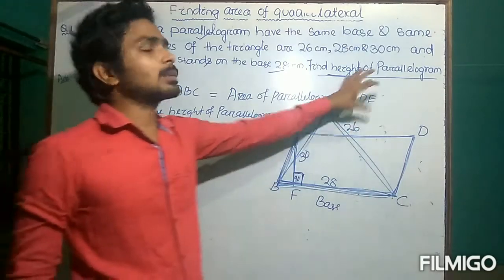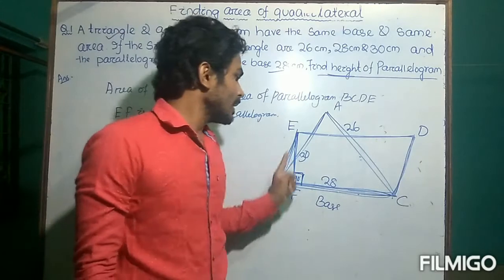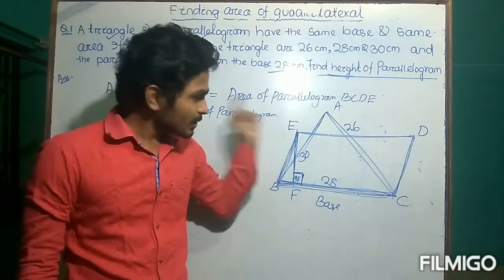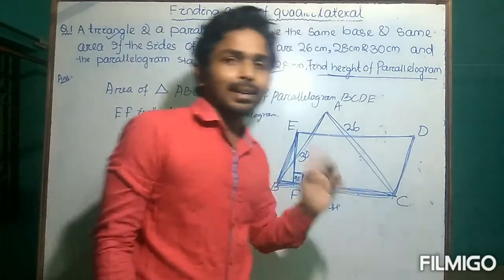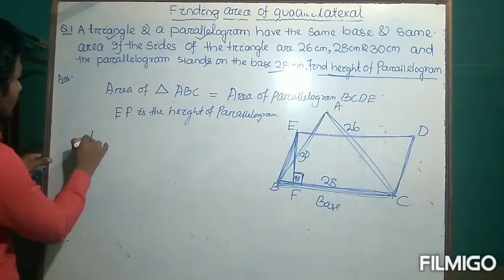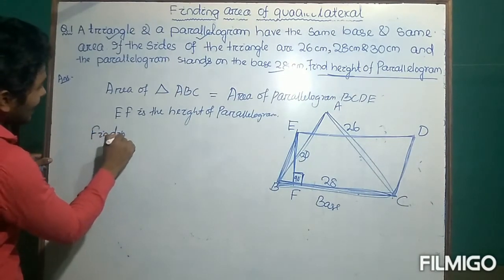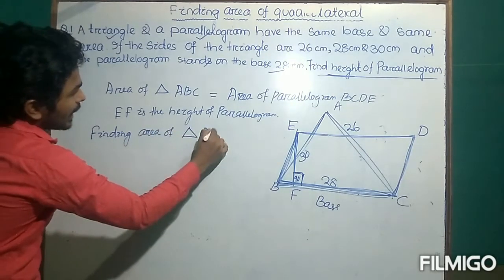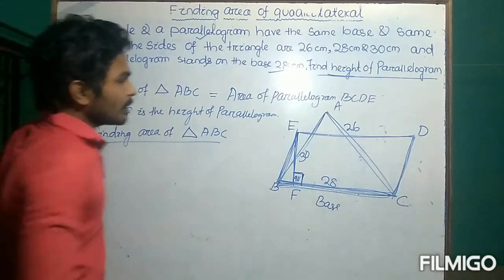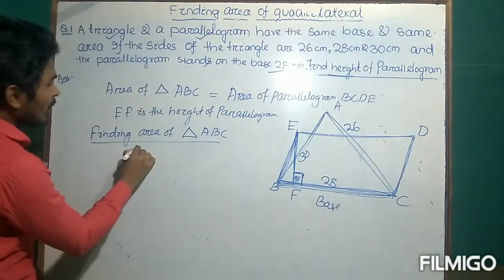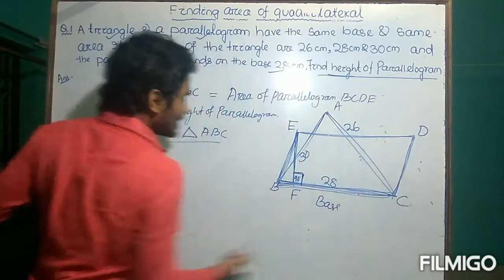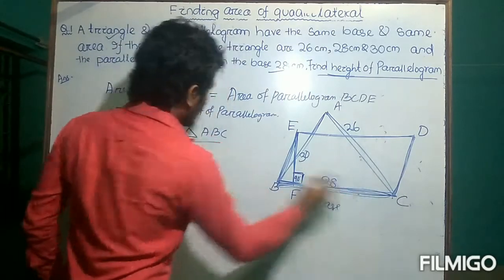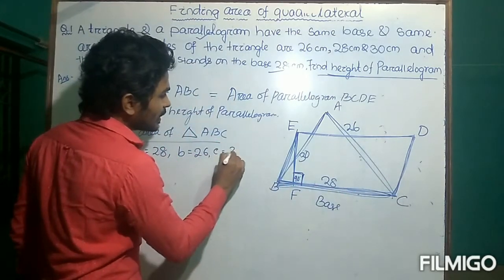Now, how can you find the height of the parallelogram? Since there is one condition that the area of this triangle is equal to the area of the parallelogram, let us first find the area of this triangle. Finding the area of triangle ABC. In this triangle, small a is 28, small b is 26 and small c is 30.